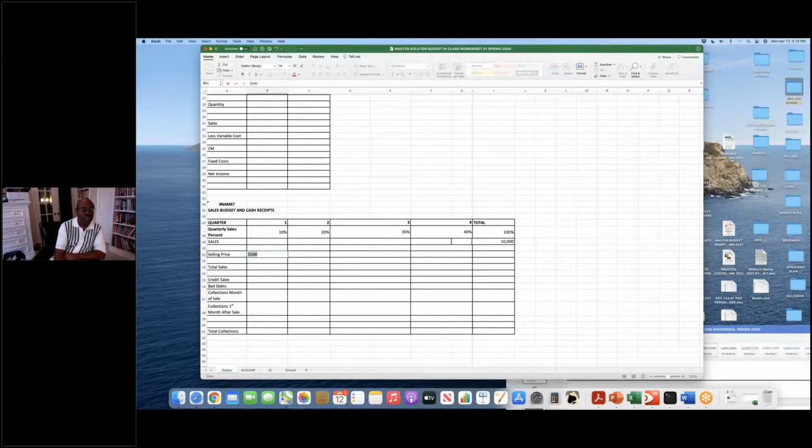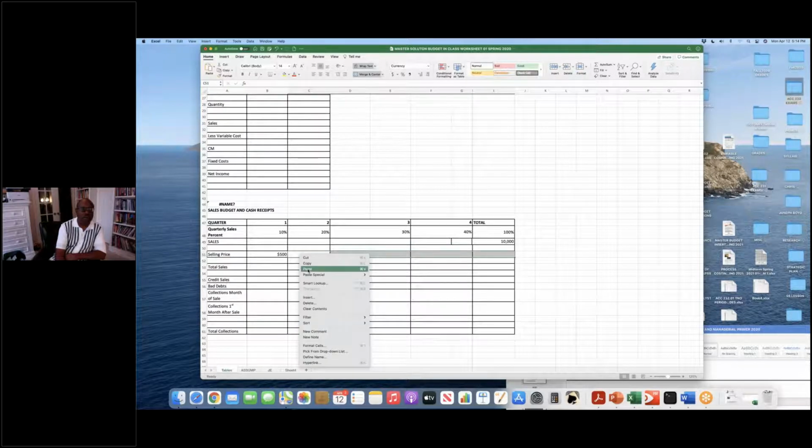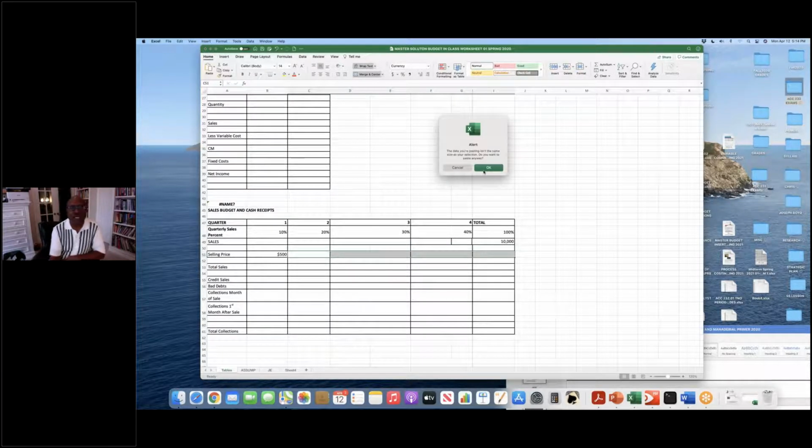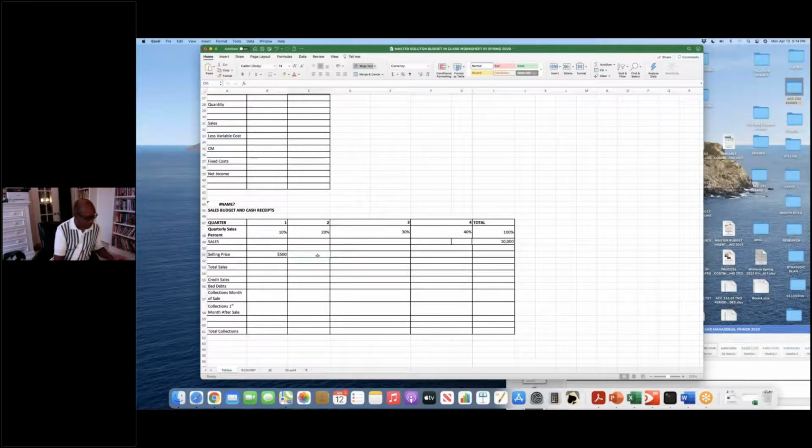Go on and copy, paste these sales all the way across. So y'all have to create your spreadsheet. I just copied it in here.